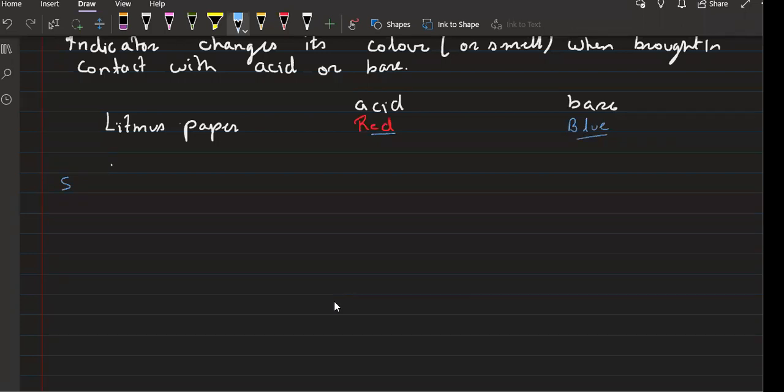It's better to make a table, because we have to click out also. Synthetic indicators.